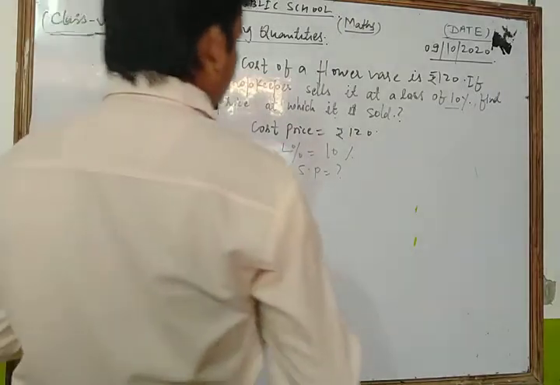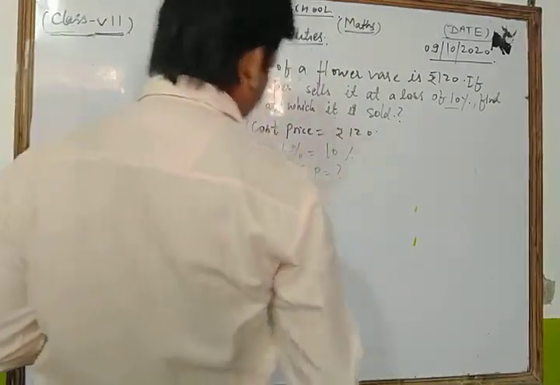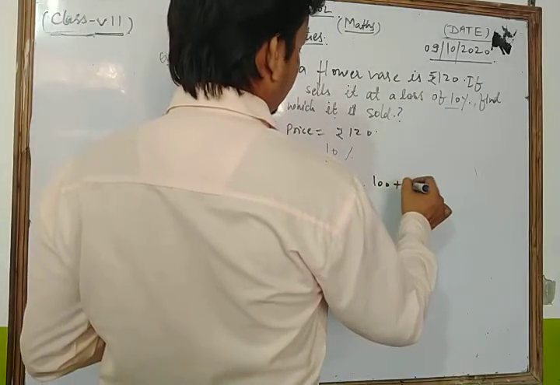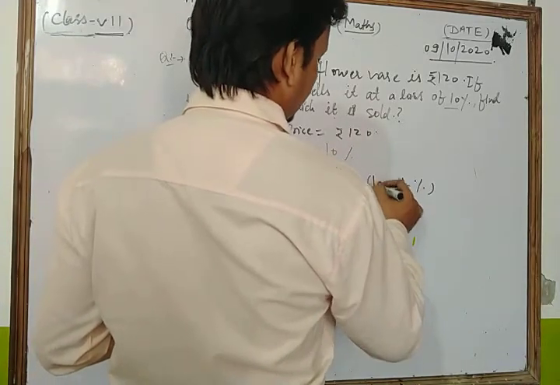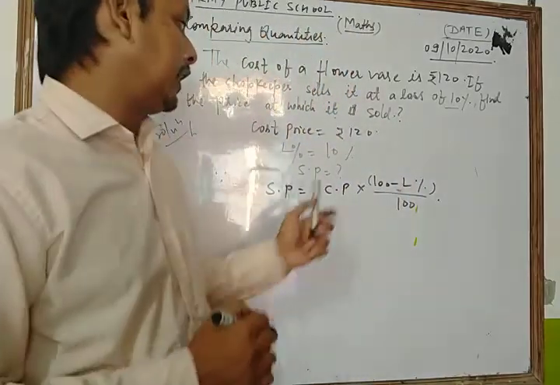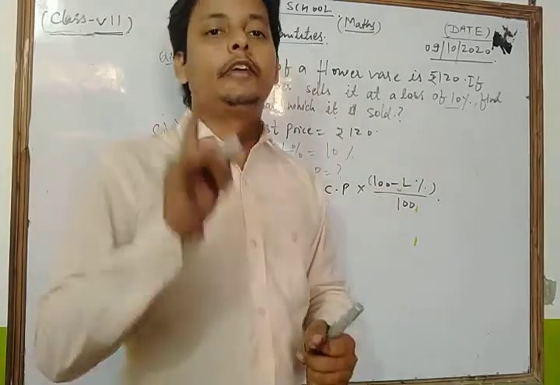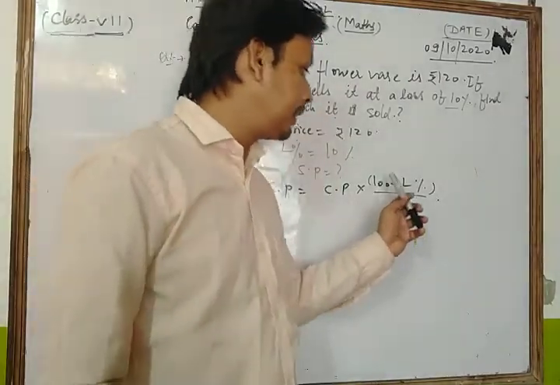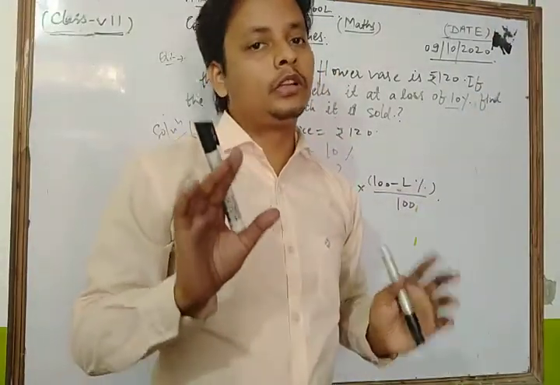Dear students, we know that the selling price of that object is equal to cost price into 100 minus loss percent upon 100. Because of this, students, if profit percent is given, then here we apply 100 plus profit percent. If loss percent is given, then we apply 100 minus loss percent. Okay, this is the difference between the two formulas.